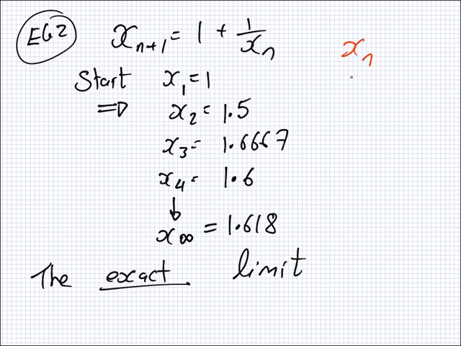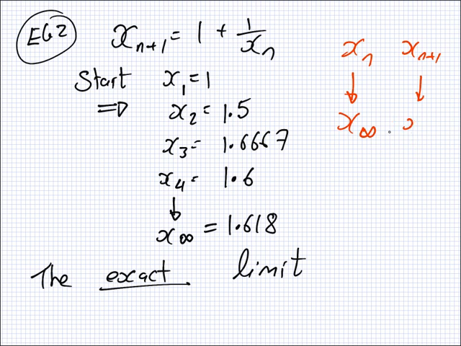Okay? So if we think about this, as xn moves to x infinity, and as xn plus 1 moves to x infinity plus 1, these two guys won't be any different. Because the neighbours become very close, right? In fact, these will both be the limit. So here's the trick.